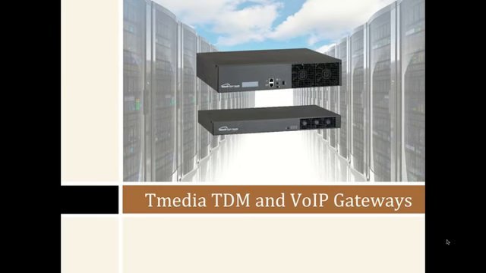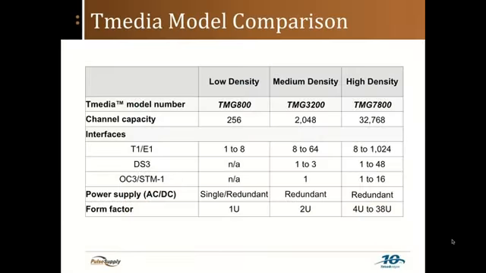Let me move on here to the section of the presentation where I give you just a brief product overview. Let me start by presenting to you here the full product line. The gateways are available with different port densities.